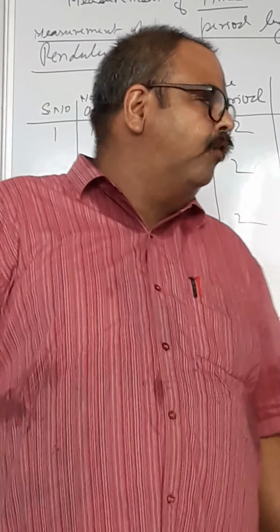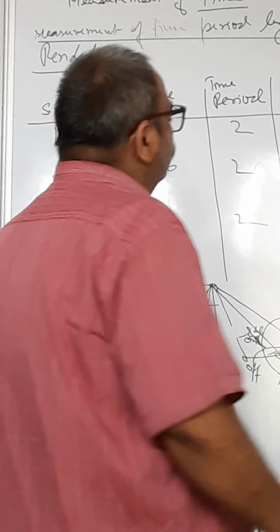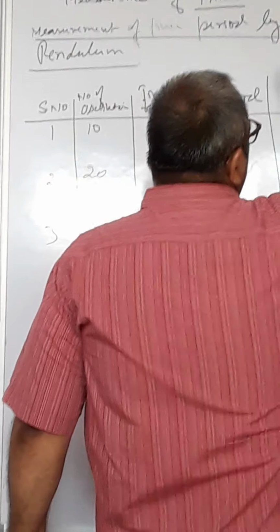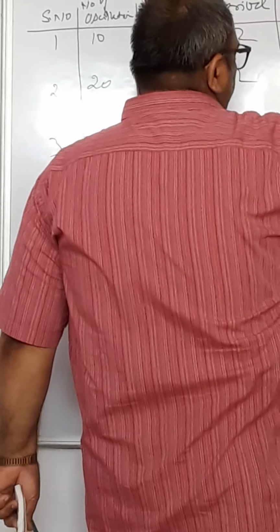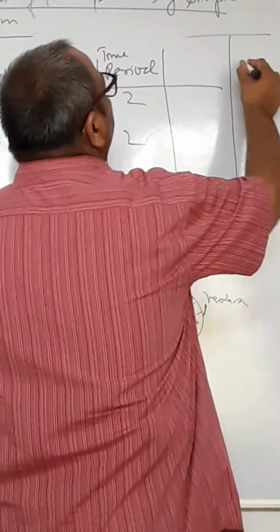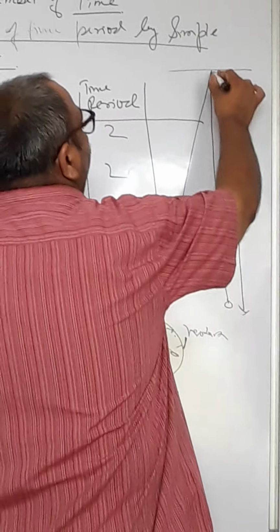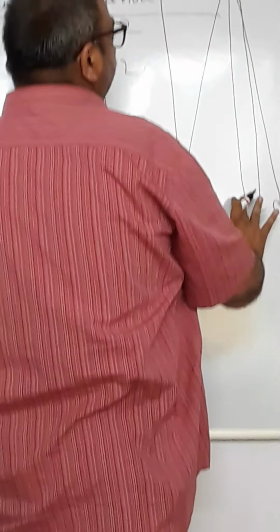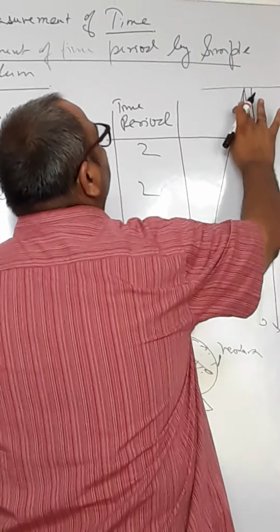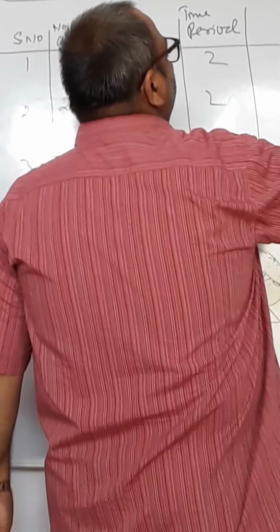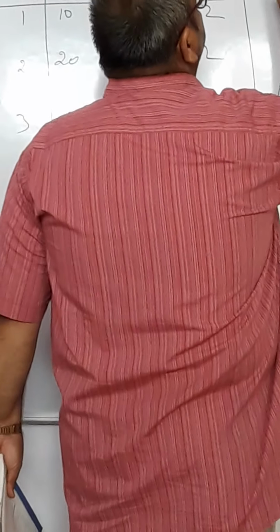Second pendulum. The pendulum who completes its one oscillation, one to and fro motion, in 2 seconds is the second pendulum.